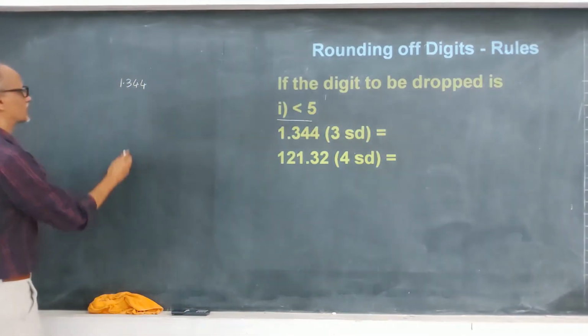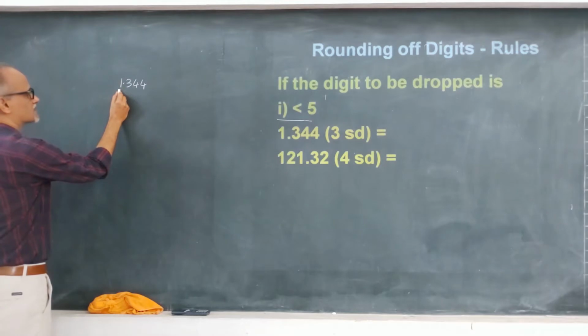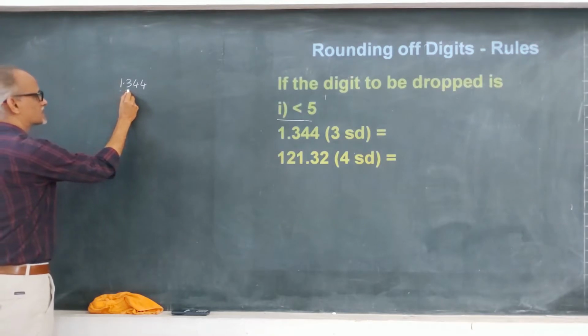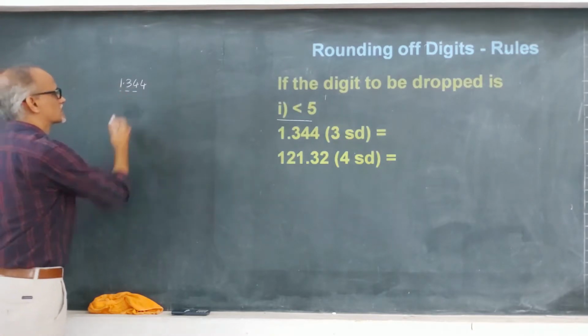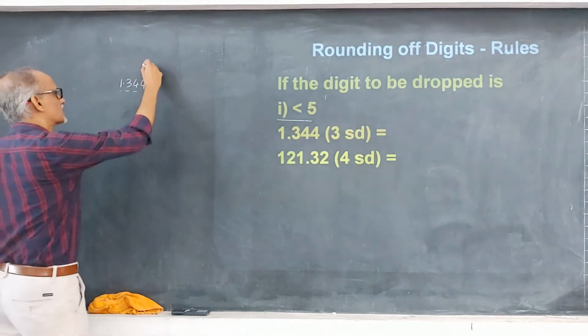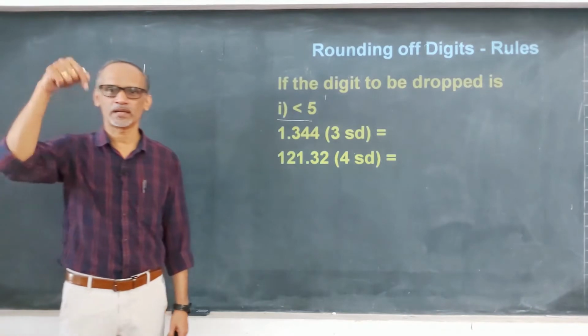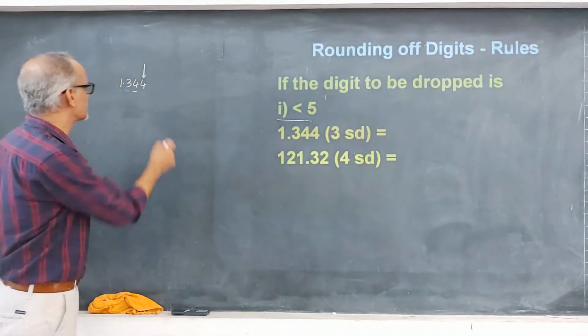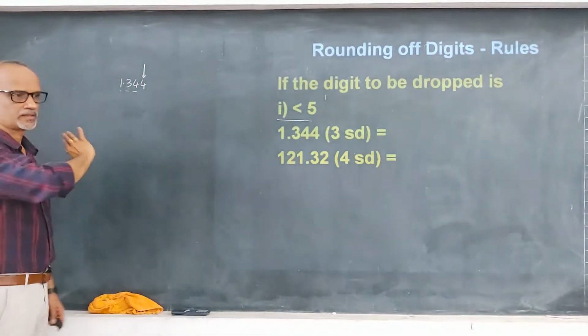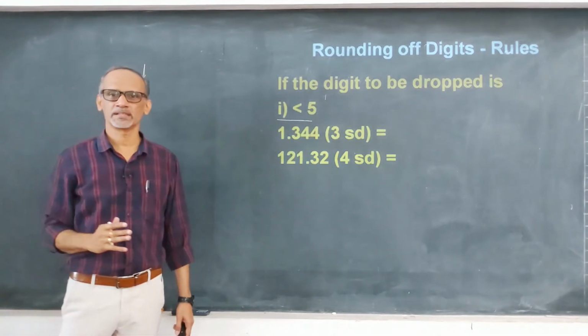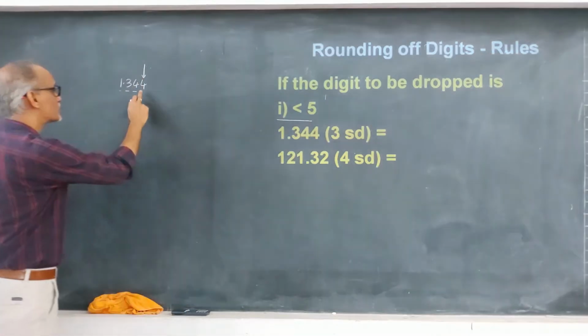If it is 3 significant digits, then this is the first significant digit, this is the second, this is the third, correct? That means this is the digit to be dropped. The arrow down indicates the digit which we have to neglect, which we have to omit out of the number.